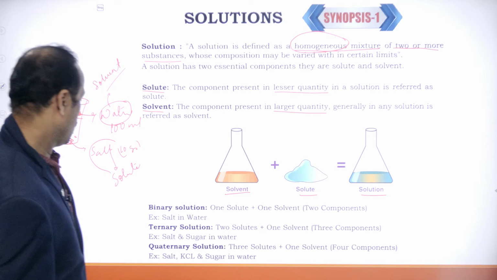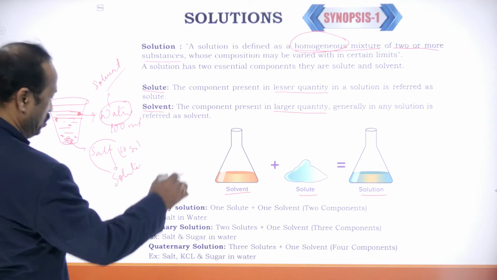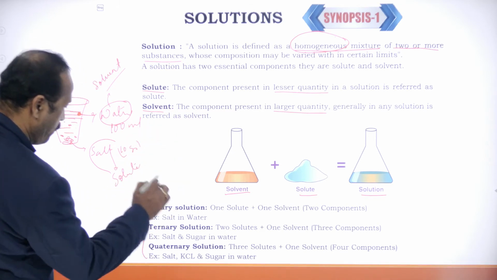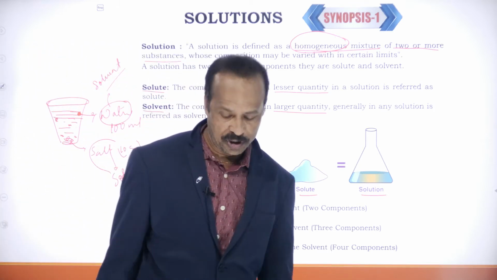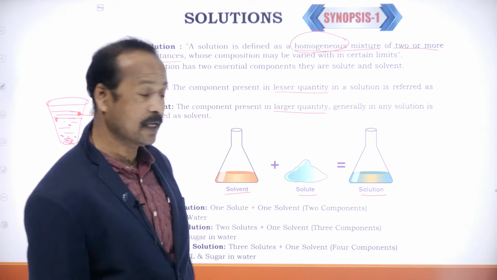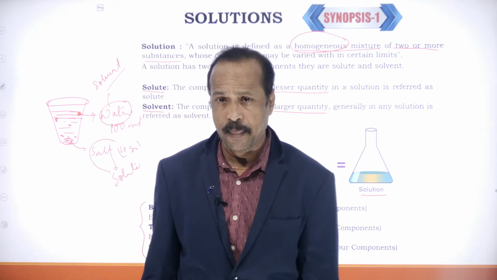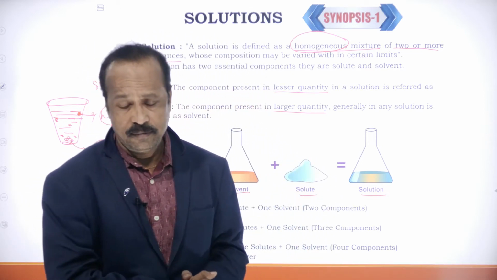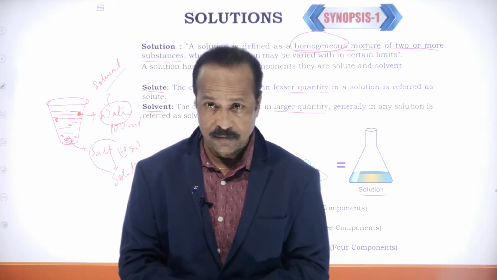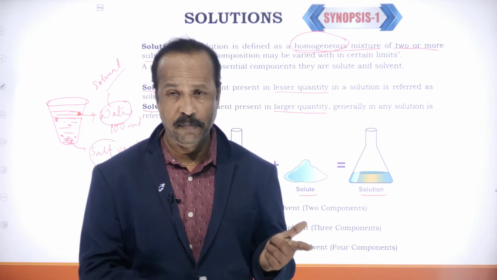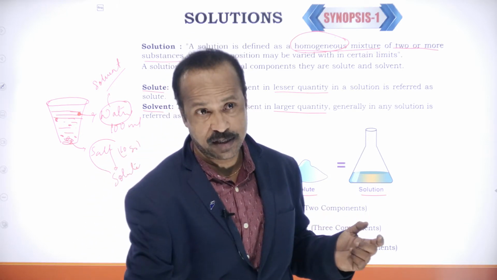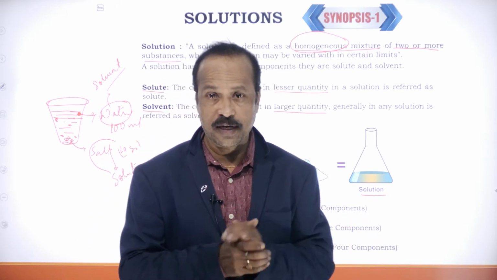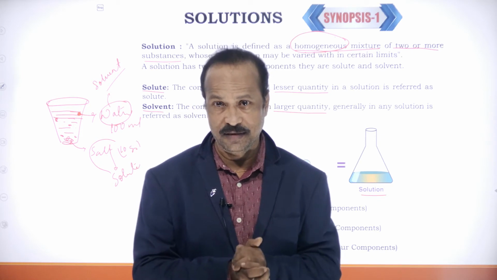Now let's come to the types of solutions: a binary solution, a ternary solution and a quaternary solution. Three types of solutions are there. Binary. Did you hear this word anywhere? If you have computer knowledge, you know binary digits.